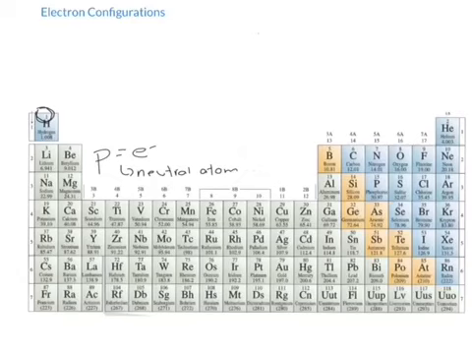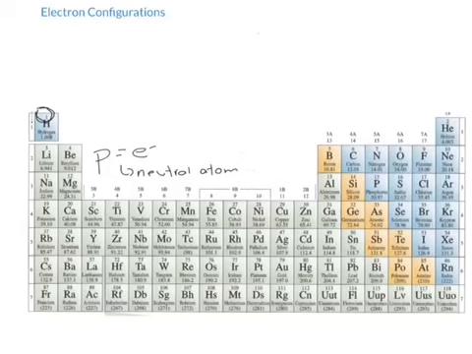The rows, or the periods, are good starting points for what principal energy level an electron will be in. For instance, row 1 here, containing only hydrogen and helium, period 1, has a principal energy level of 1.